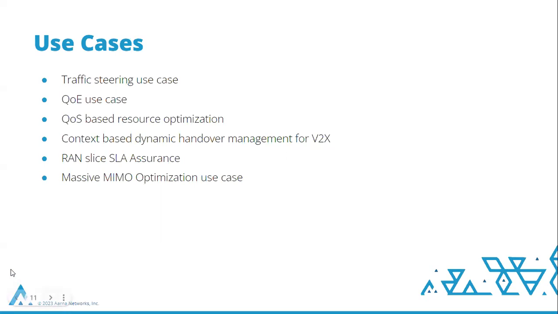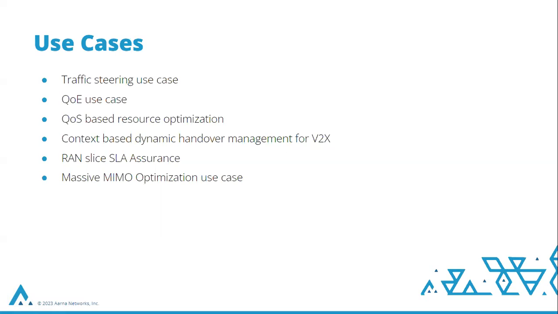And the next one is the RAN slice SLA assurance. So with 5G, there is a lot of push on slicing, and each slice will have its own data rate, capacity, latency and all. We also need to ensure that the given SLAs are maintained throughout, right from the RAN, core, and all the involved parties.